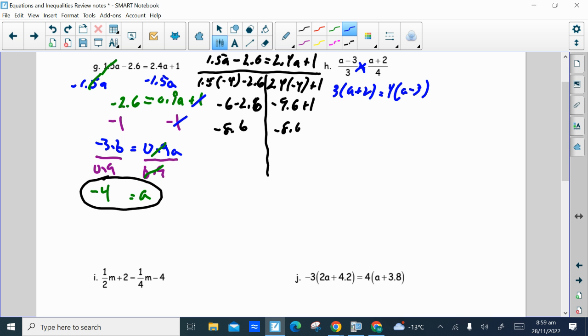And we really shouldn't divide both sides by 4 either, because although 3 divided by 4 will give you a terminating decimal, we're still going to have a decimal to work with, which we want to try and avoid. So I'm just going to multiply out the brackets next. So 3 times a, and then 3 times positive 2. On the right, 4 times a, and 4 times negative 3.